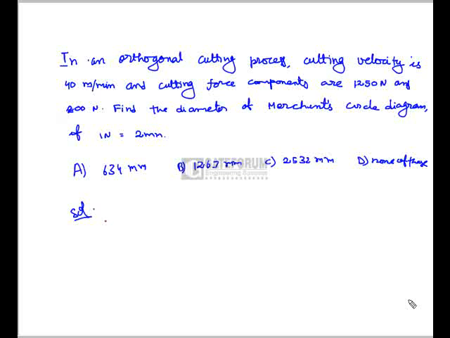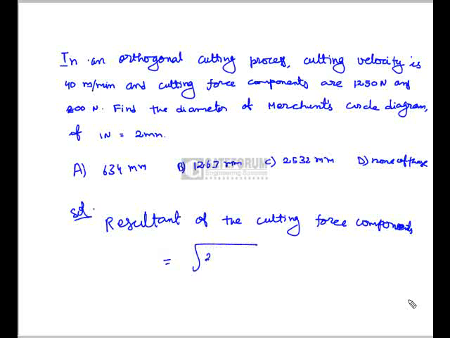Here resultant can be calculated by using the resultant of the cutting force components, which is equal to the square root of 1250 square plus 200 square, which is equal to 1265.9 Newton.